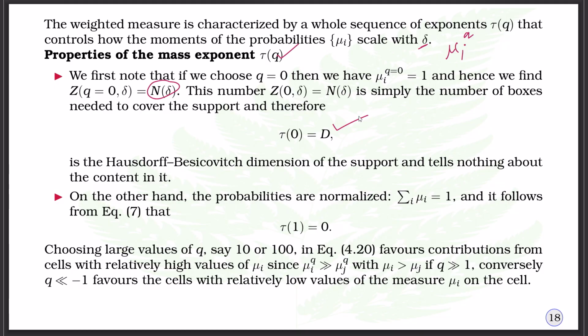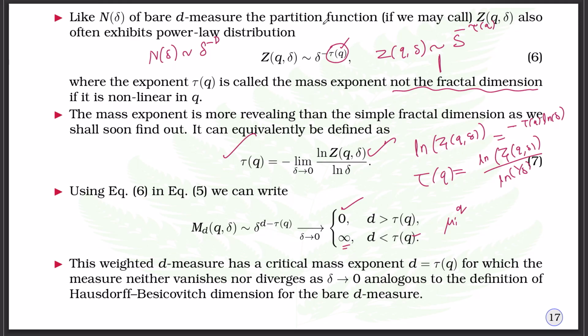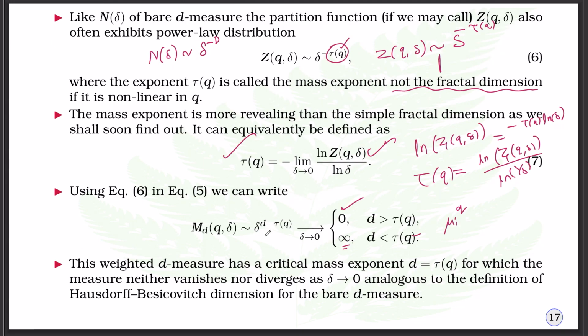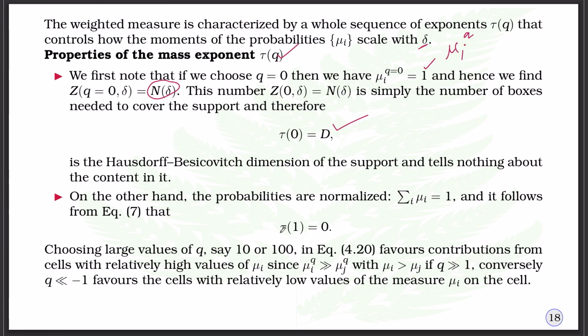It simply counts the number of boxes. Mu_i becomes 1 here, so nothing is said about the content available inside the boxes.